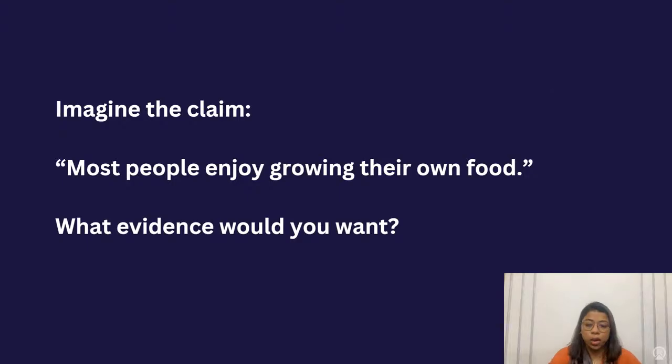I have picked this example from your IGCSE Global Perspectives 2025 specimen paper given on the Cambridge website. The claim says that most people enjoy growing their own food, and that's the claim.